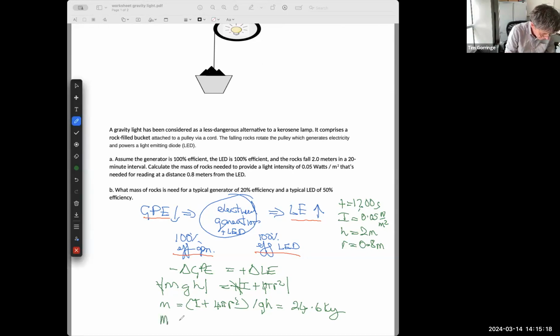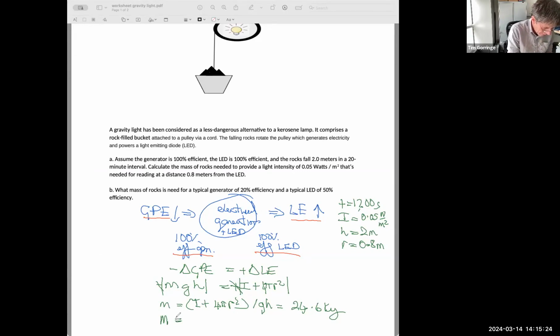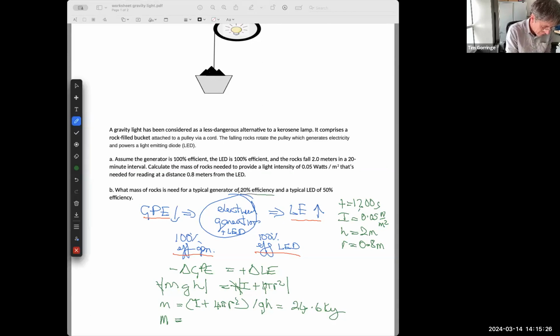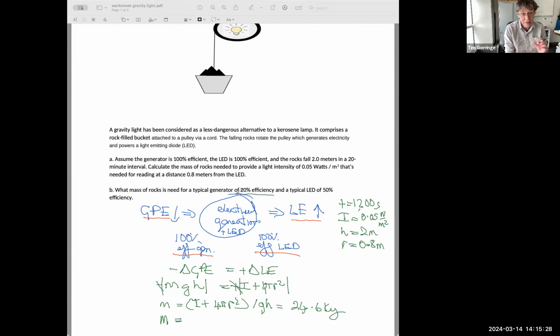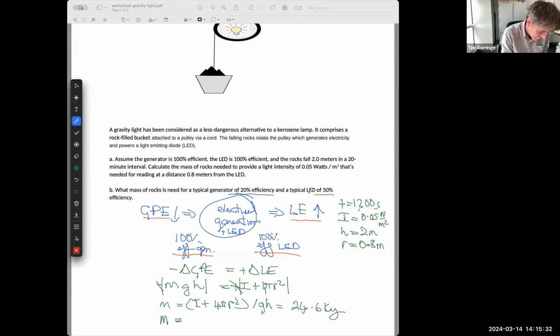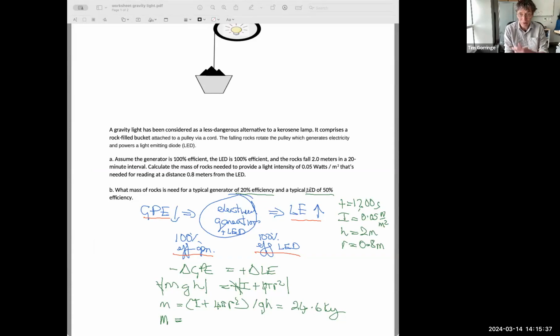We're going to find the greater mass, I'll call it uppercase M, that we would require if our generator was only 20% efficient. That's actually not atypical. And if our LED was only 50% efficient, that's also not atypical. So these are reasonable numbers for the efficiency of a generator and of an LED.